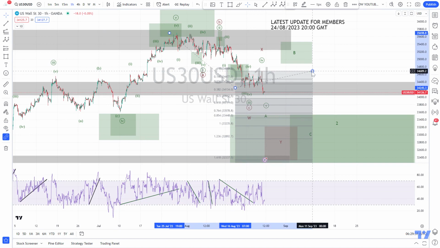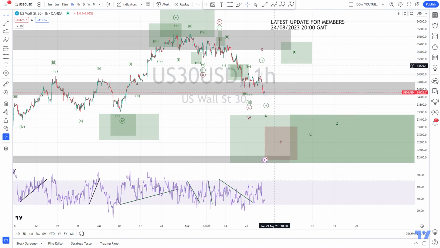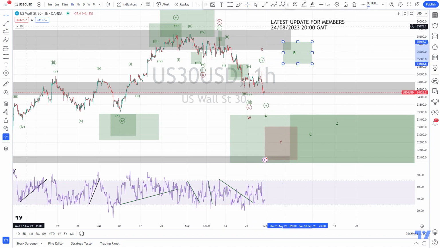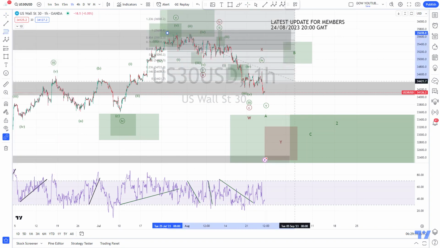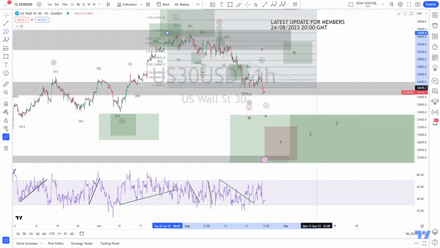Now, of course, this WXY scenario, why I do not take it as my primary scenario: this wave X is way too shallow. We should expect that the wave X goes into this area here, between the 0.5 and the 0.854 FIB retracements.